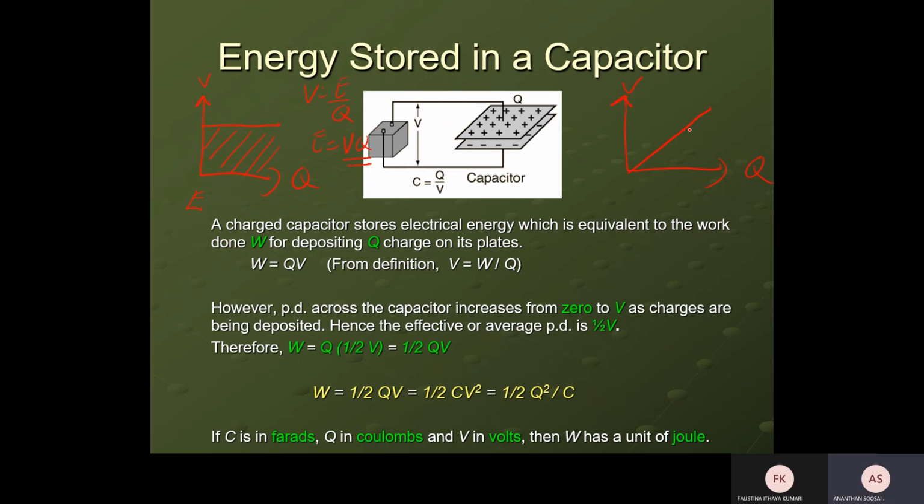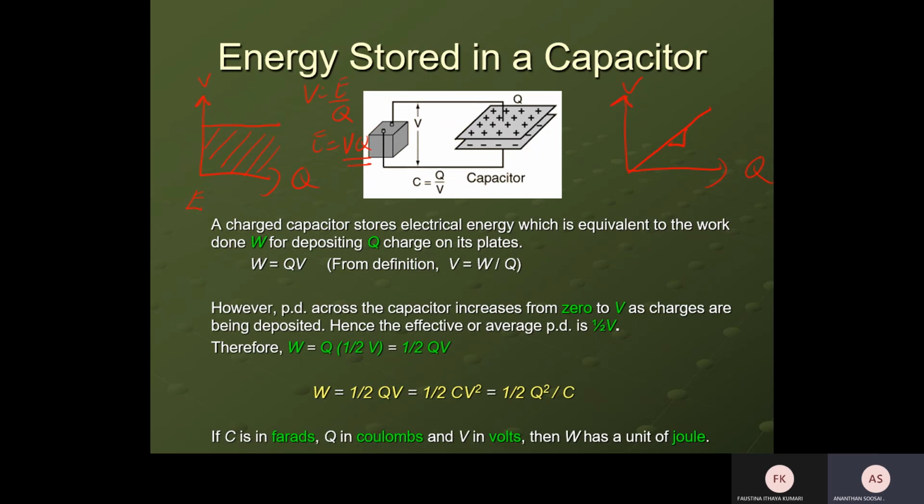So what does this gradient represent? The second one is the V versus Q for the capacitor. This one is V versus Q for the battery. The battery voltage is constant, and QV is the energy released. But for the capacitor, V versus Q is a straight line with a gradient, voltage rises.